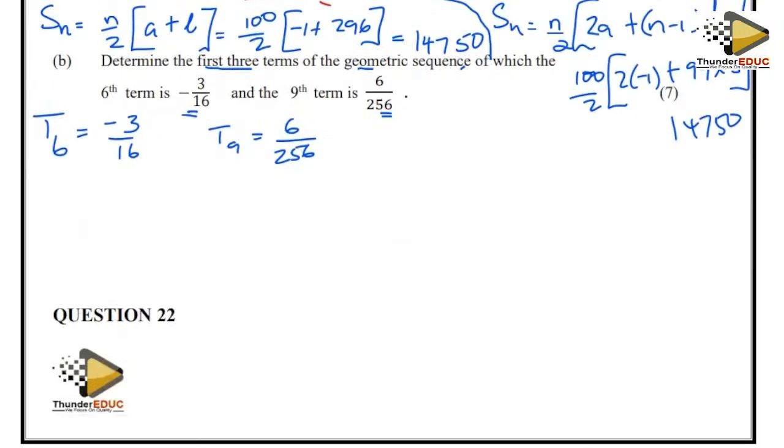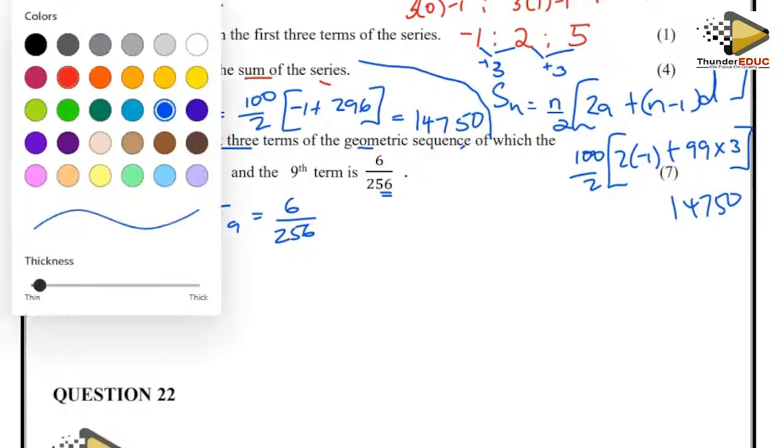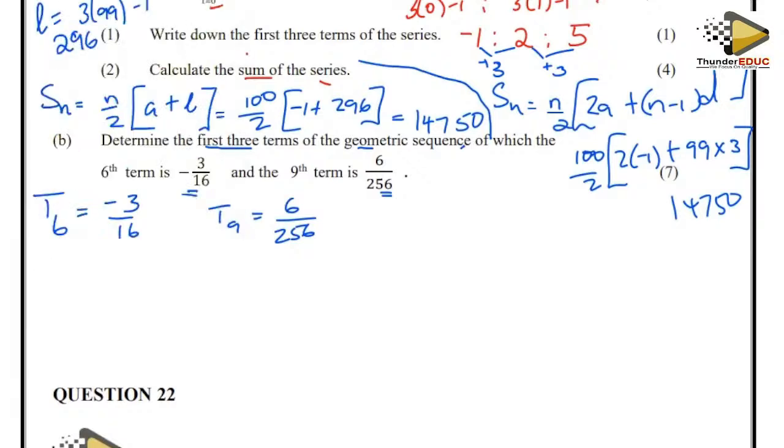So remember, for us to work this out, it's going to be a requirement for us to get the value of A and then also the value of R. So this is a typical simultaneous equation type of question. Okay? So we know that the general term of the geometric is given as AR to the n minus 1.